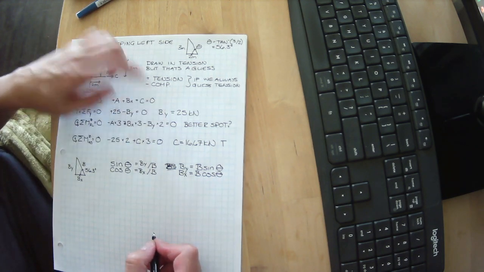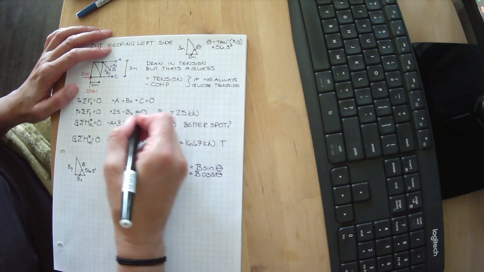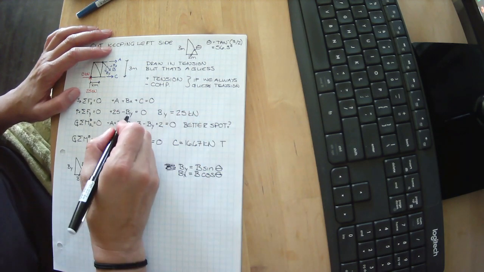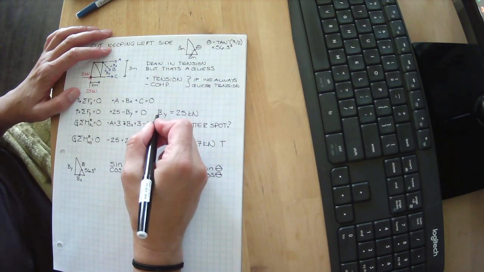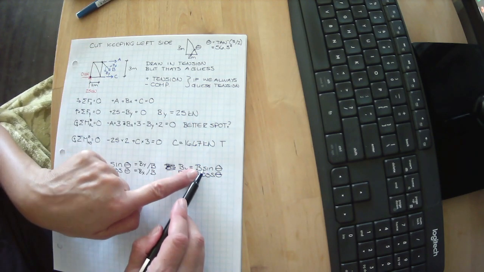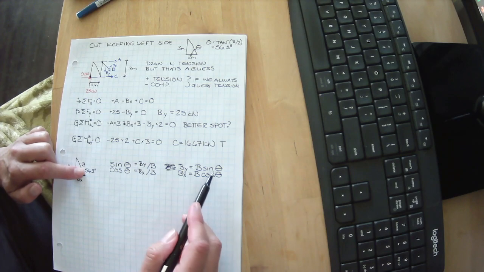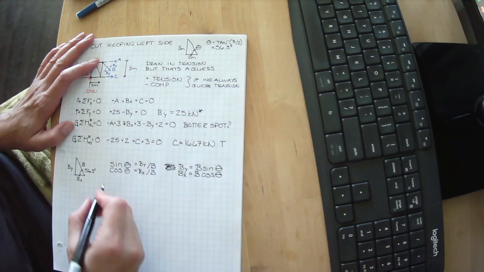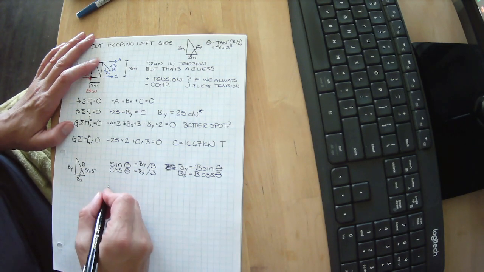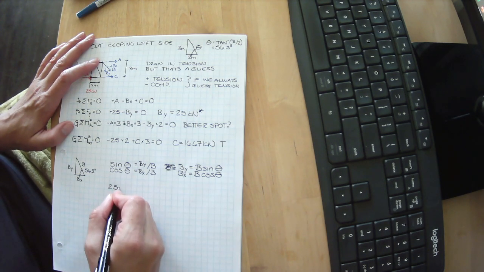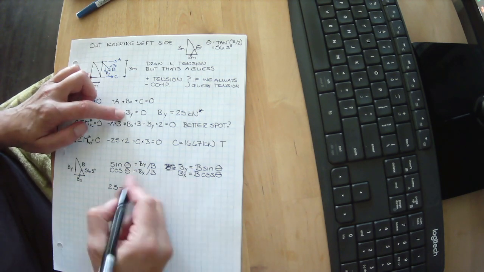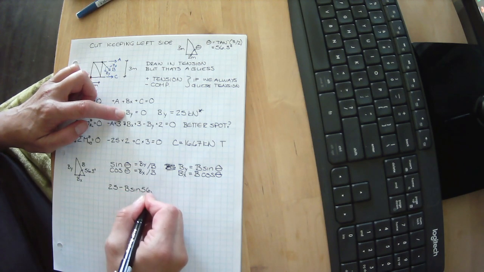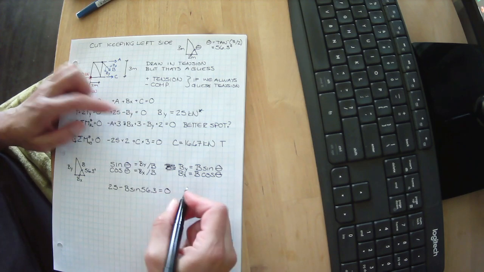BY doesn't mean much to me, but I know that BY actually equals B times the sine of 56.3. So what if I brought this down here instead and said 25 minus B times the sine of 56.3 equals 0.